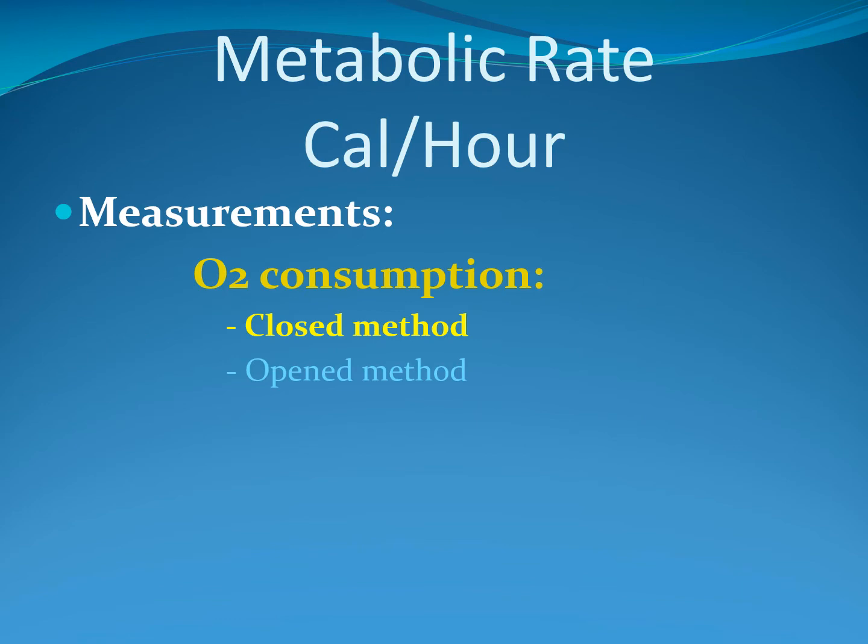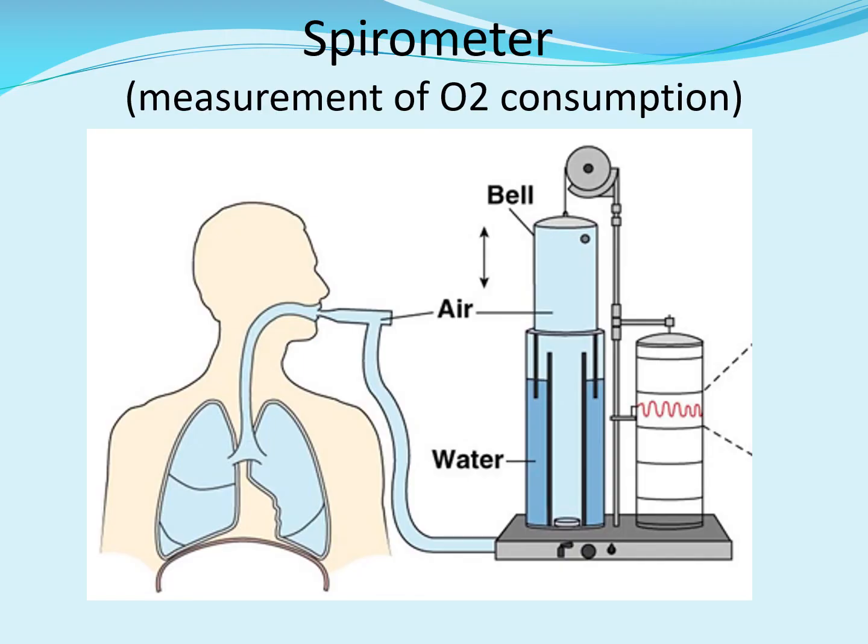Measurement of oxygen consumption per time unit can be by closed methods and open methods. The closed method can be done in the lab with the help of a device which is called a spirometer. That device is usually used for measuring respiratory volumes. This device is composed of an inverted drum over a water bath.